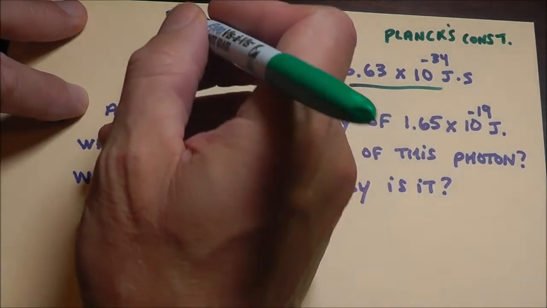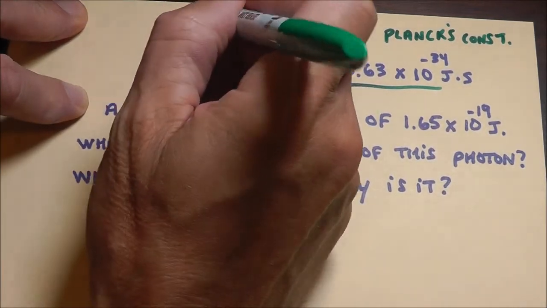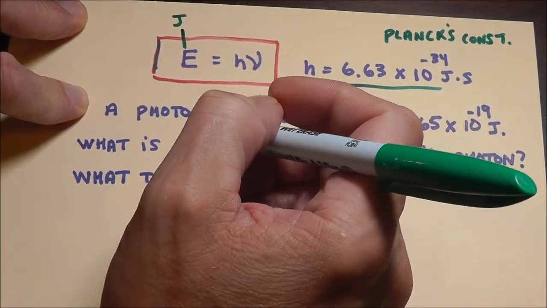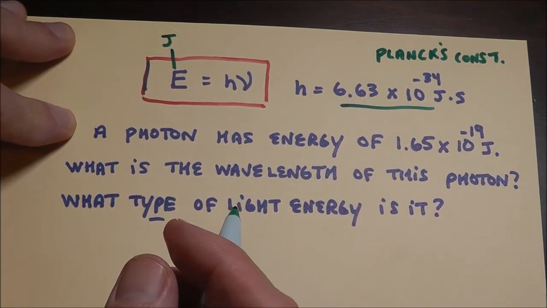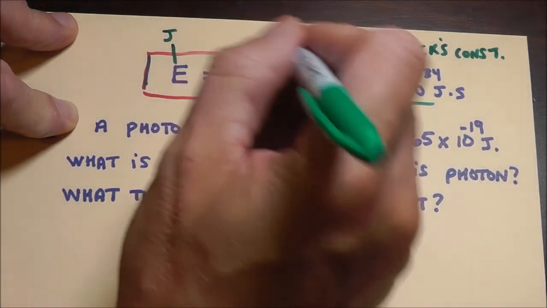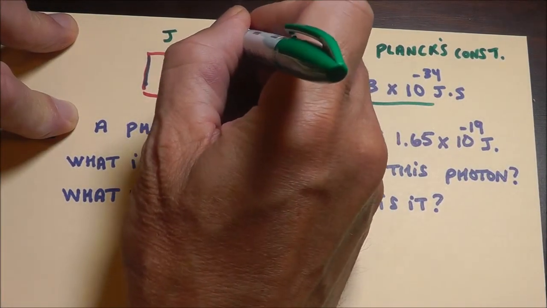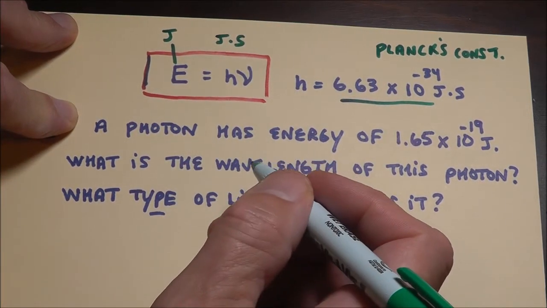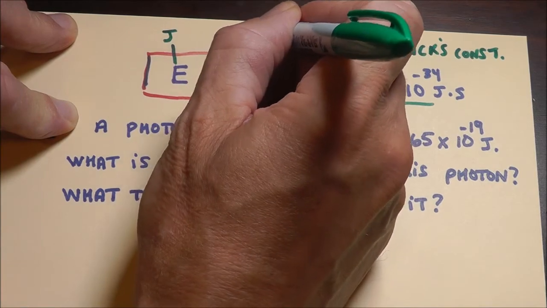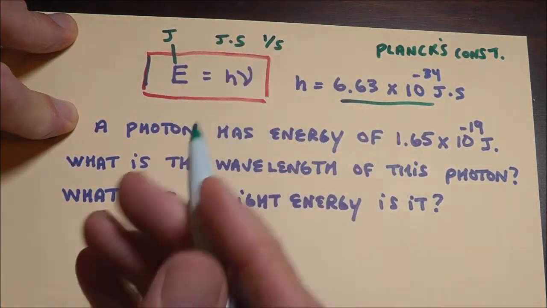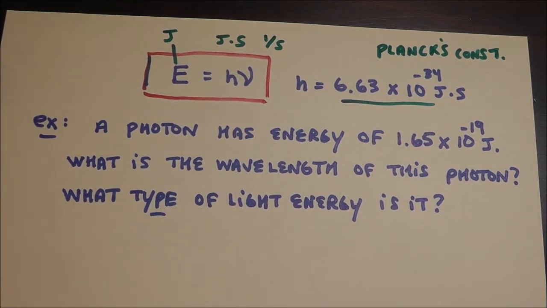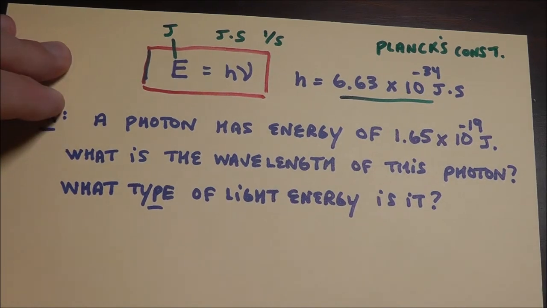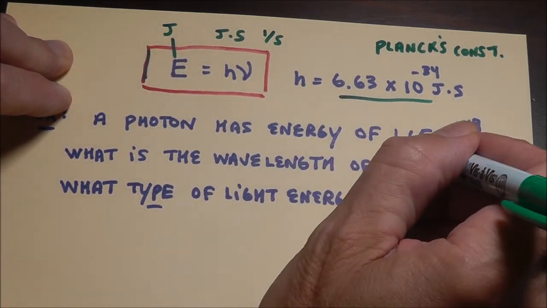And if you look at this, energy, hey, joules. That sounds familiar. Energy's in joules. This constant has units of joules times seconds, and because both sides of the equal sign have to be the same units, frequency would be 1 over seconds, so the seconds cancel out, and it's joules on both sides of the equation.